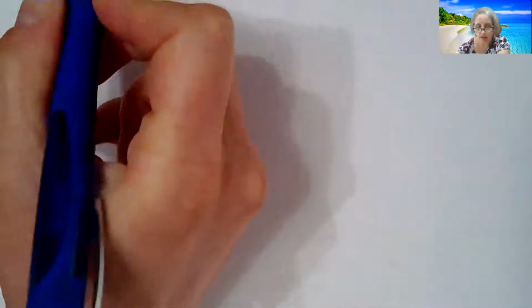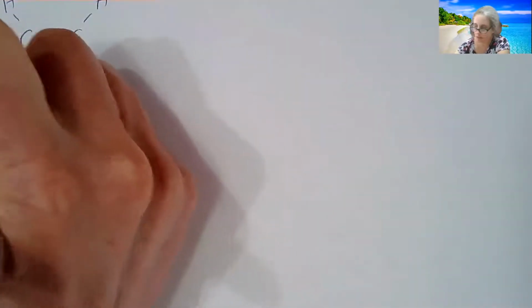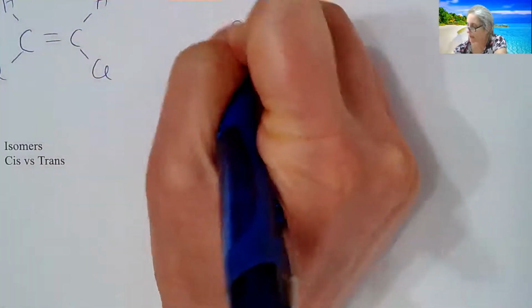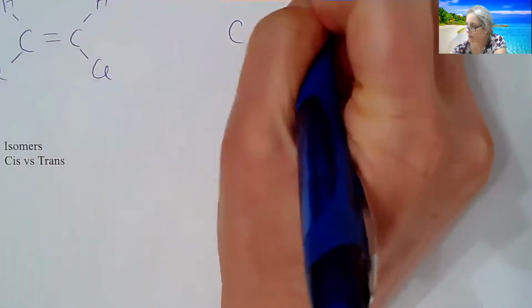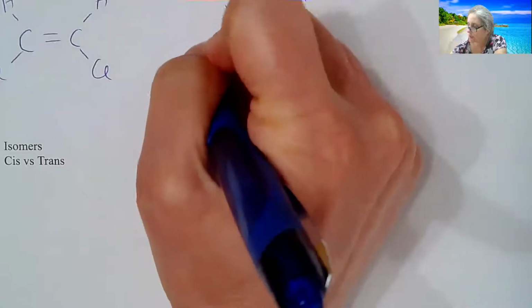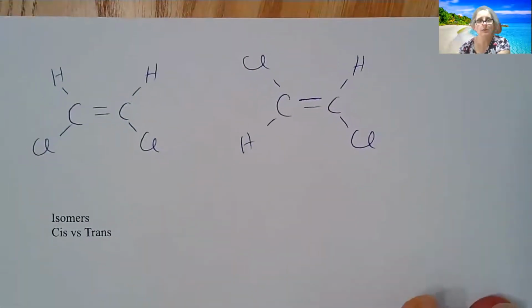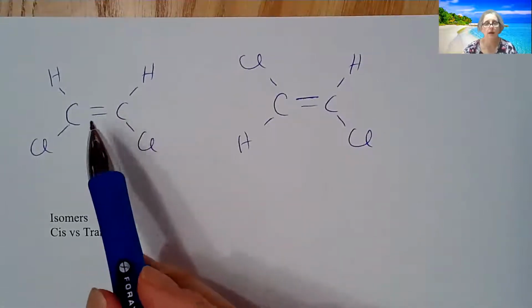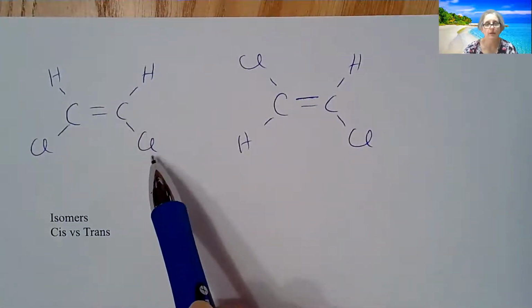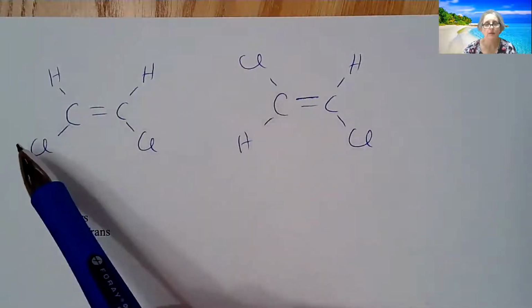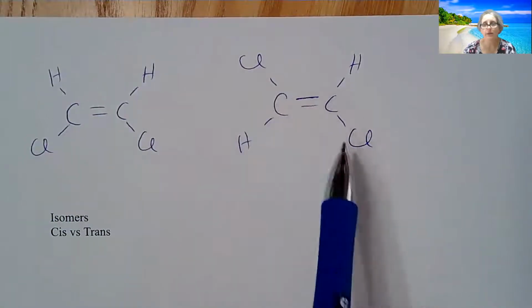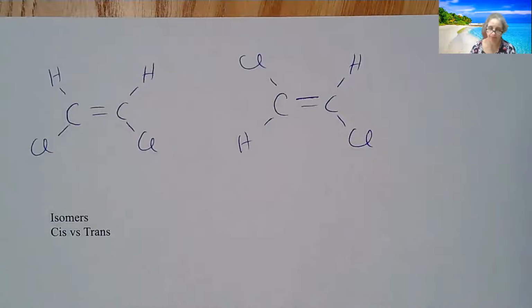So I'm going to draw a double bonded molecule a particular way, and you will see why I'm doing it this way. So I'm going to draw 2 molecules. So I have 2 carbons with a double bond between. I have a chlorine on each one of them. These chlorines are here, the chlorine is here, the chlorine is here.